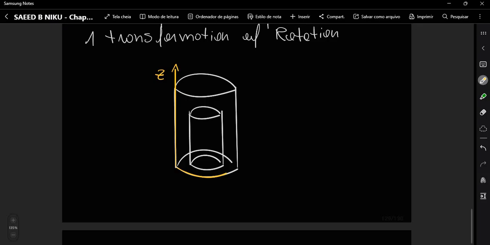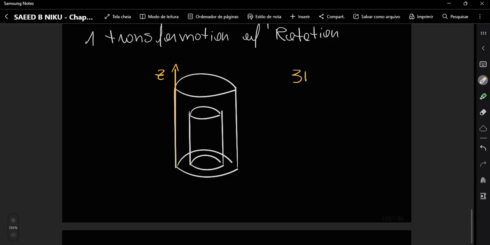What do you think? These transformations that we are doing on this cylindrical coordinate system are also three-dimensional, but the transformation of rotation needs to be referenced to the z, y or x axis.